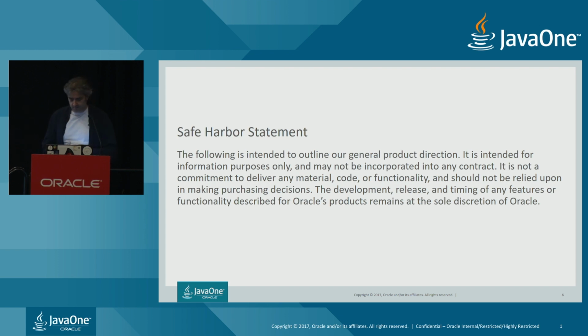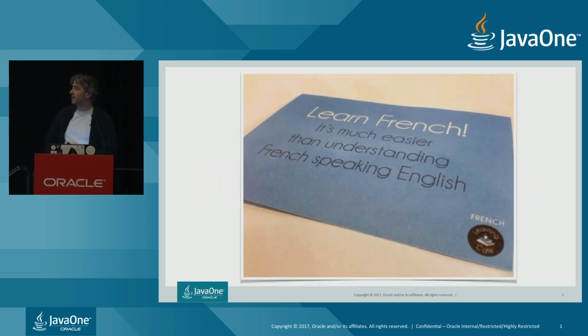So we're on the safe side, and we can basically ignore what is being said there. Next is our personal disclaimer. Learn French, it's much easier than understanding French-speaking English. Now, I'm not French, but don't tell José. Aren't you?